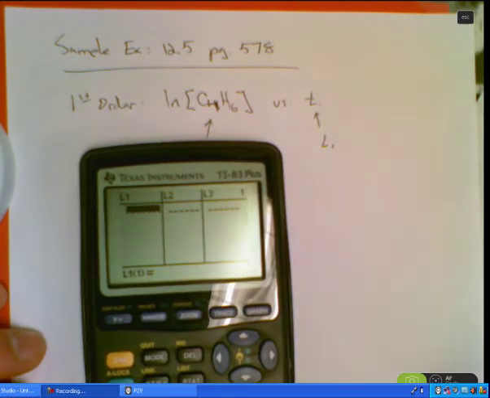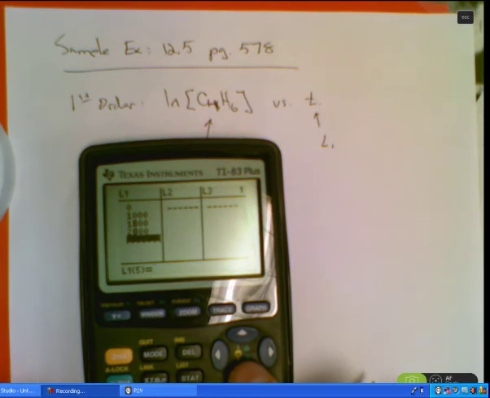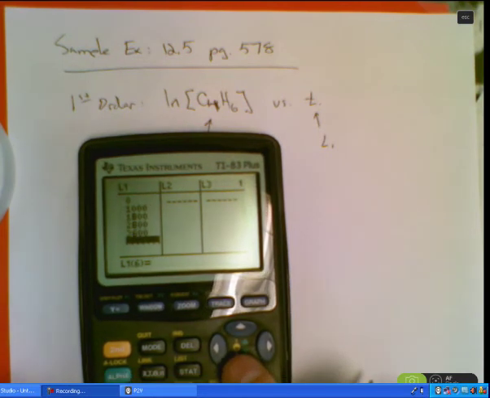In list 1, looking at the data table on page 578 for problem 12.5, our list 1 is time, remember. So it's 0, 1,000, 1,800. Just go and plug in all that data. 2,800. Try this yourself. It's easy to screw up, so you want to make sure you're comfortable and have some practice doing this. 4,400, 5,200, and 6,200. Back up to list 2. Make sure you're all the way at the top there.